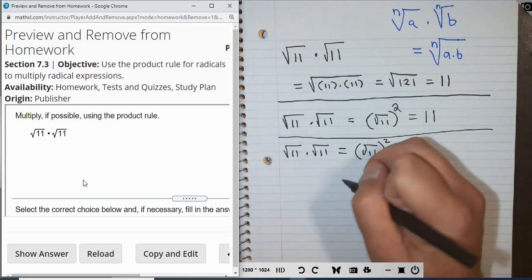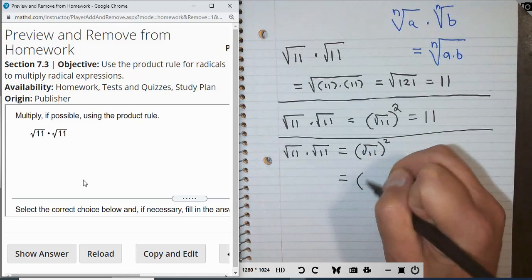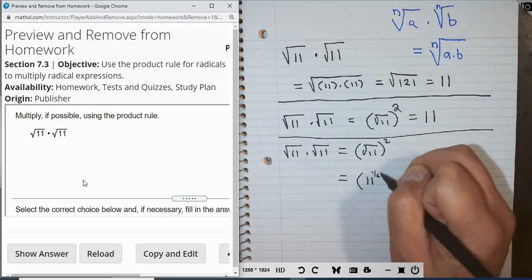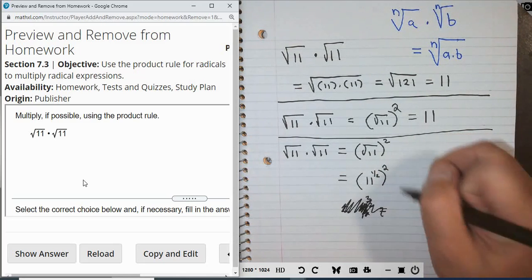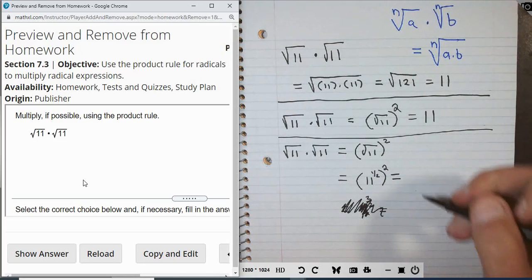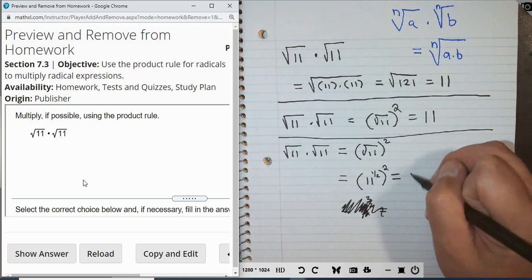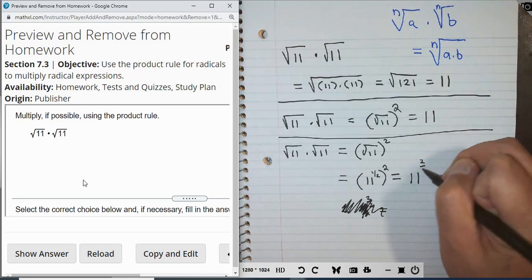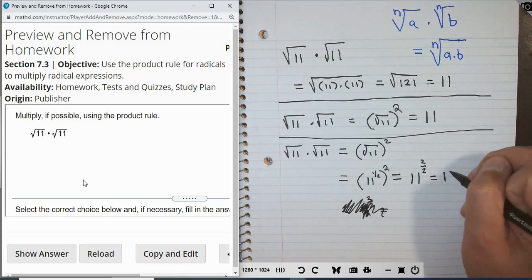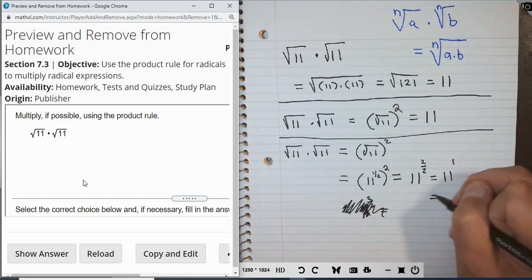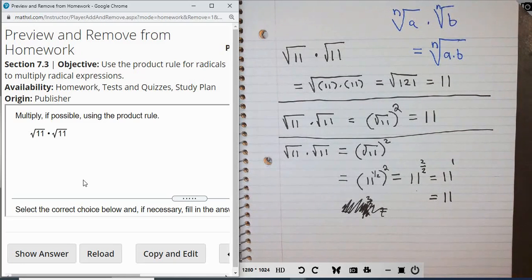So if we were to write that using rational exponents here, what we would get would be 11 to the 2 over 2 power, and 2 divided by 2 is 1, so what we have there is 11.